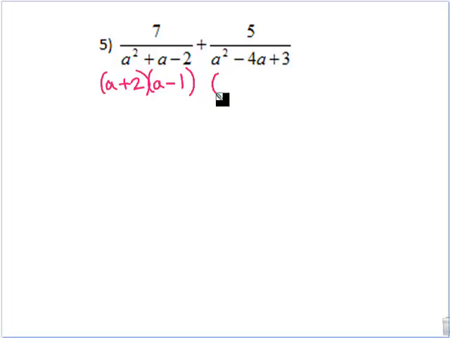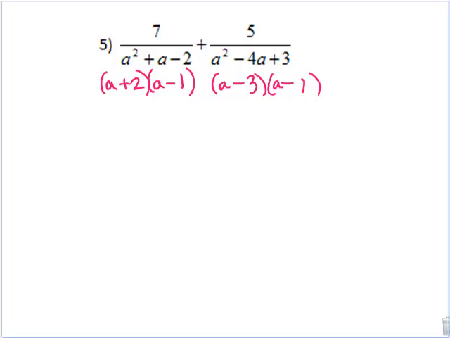Okay, we're going to do the same thing with the second: a squared minus 4a plus 3. A and a. Last term is 3. What's the only way to multiply to get 3? 3 and 1. What do the signs have to be to get a minus 4a? Yep, minus and minus.